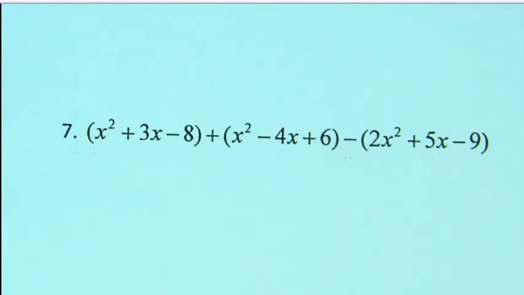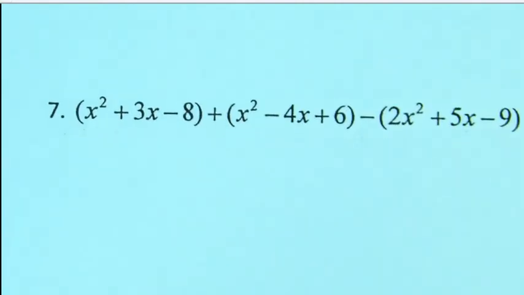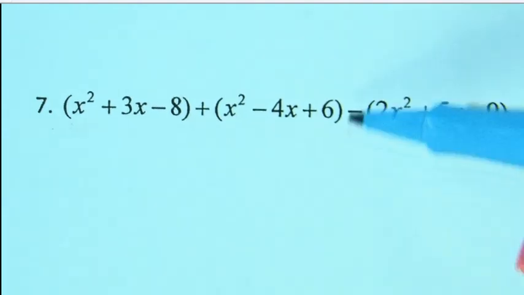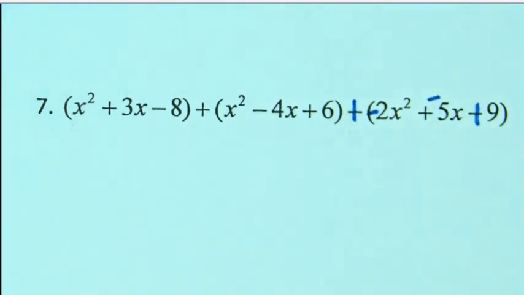So 7 has 3 expressions. All you have to do on a problem like 7 is handle that subtraction. So as you're passing back, take a peek. Make subtraction addition, and then everything inside becomes the opposite. So everything inside becomes the opposite, and then now I can just stack all 3 expressions on top of each other.